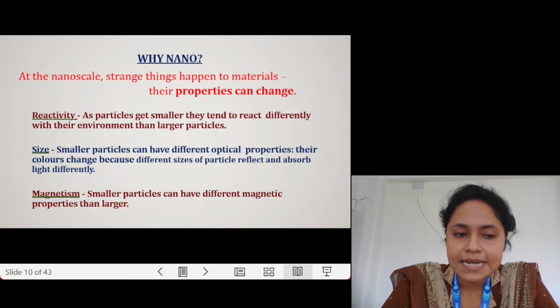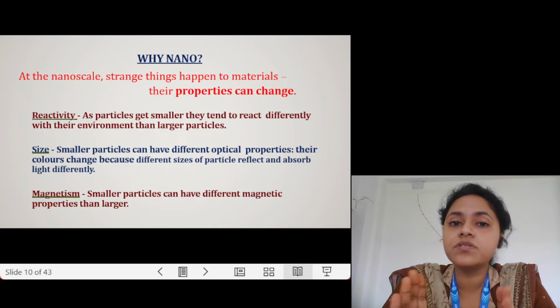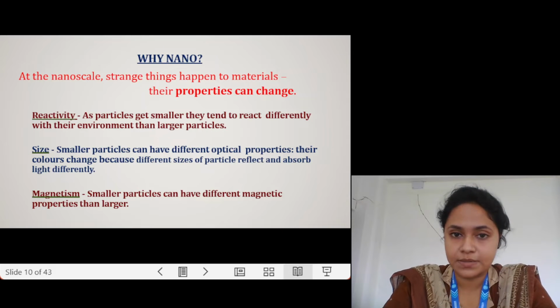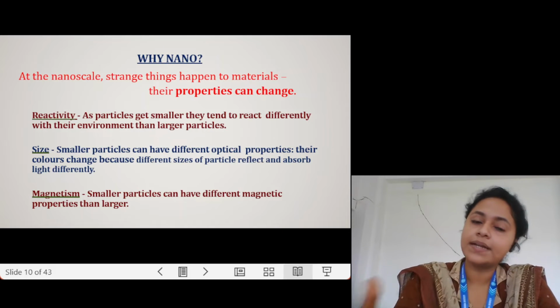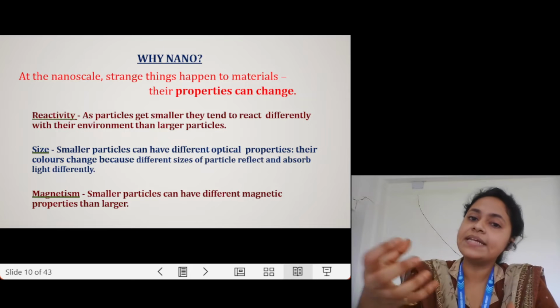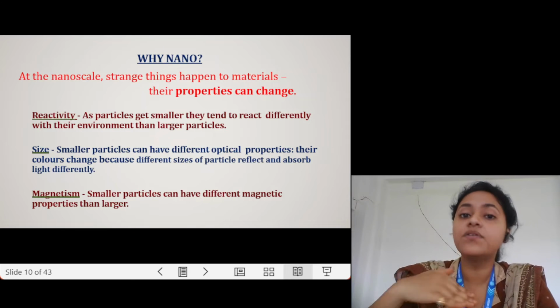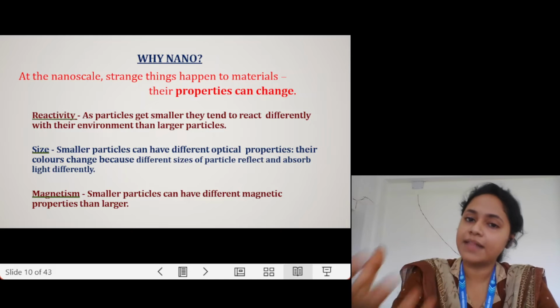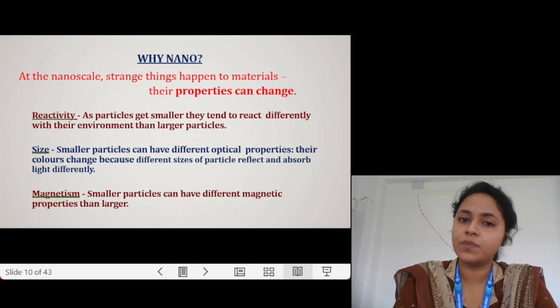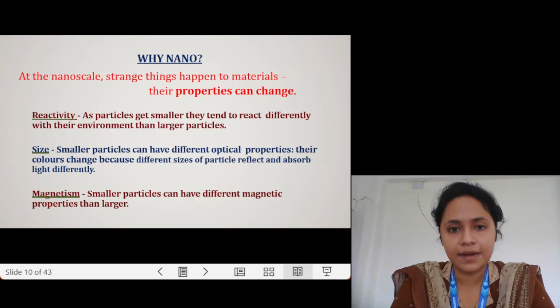Fine. Second is the size. Smaller particles have different sorts of optical properties, right? You know that if you are seeing an object as red, it is capturing white light and reflecting back the red wavelength of light. That particular wavelength is captured by our eyes, and we see that material as red.